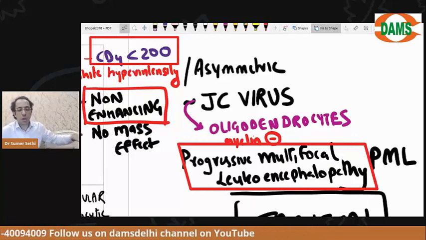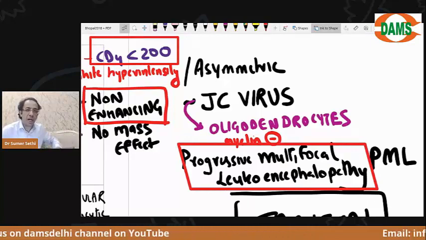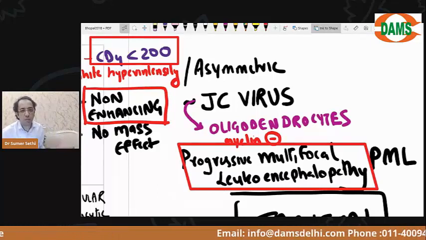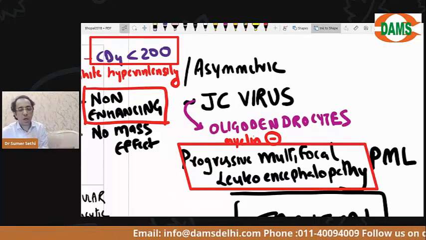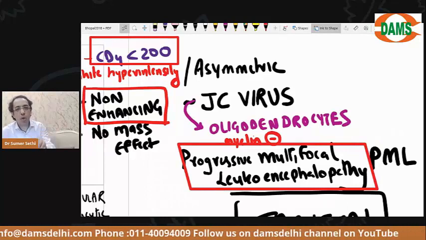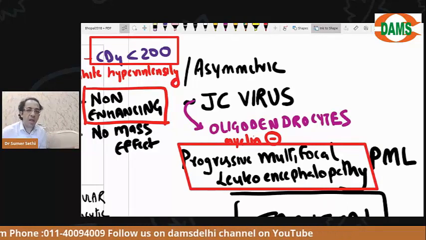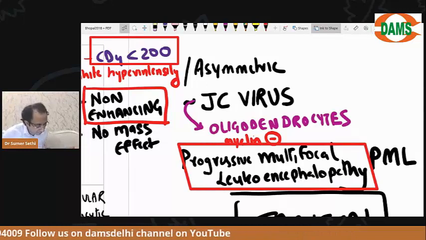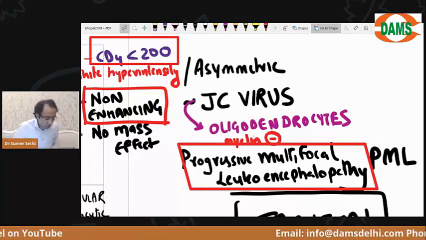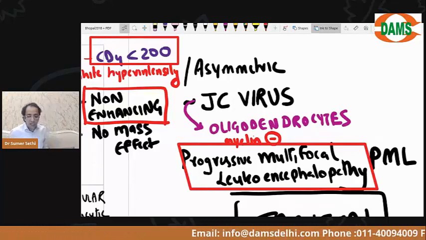Viral inclusions in oligodendrocytes are happening, and that is why they are not functioning properly. So there is no inflammatory destruction of myelin. In multiple sclerosis, we saw contrast enhancement because it is an immune disorder leading to inflammatory destruction of myelin. Everybody understands the concept? So that is why it is not taking up the dye.